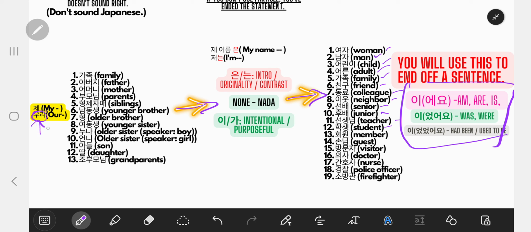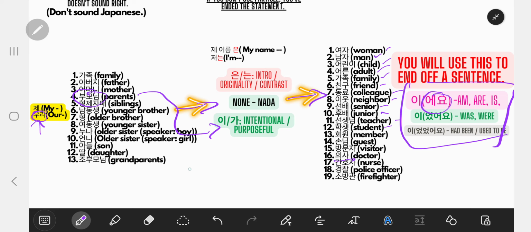So I'll give you another one. If I say something like 우리 부모님, or let's say 우리 부모님이 의사예요, my parents. We usually say parents as 부모님, and plural is 들, and whenever you want to make a noun plural, you'll just add this to the noun.